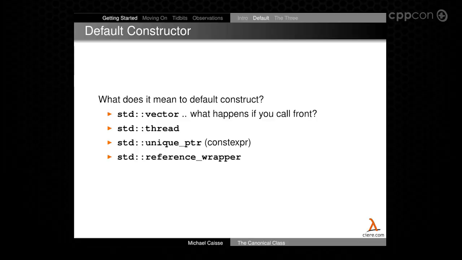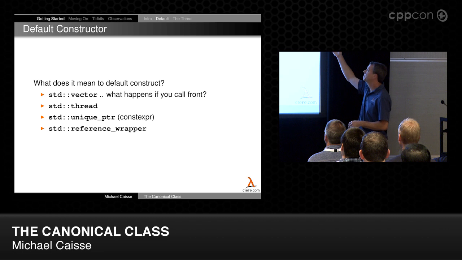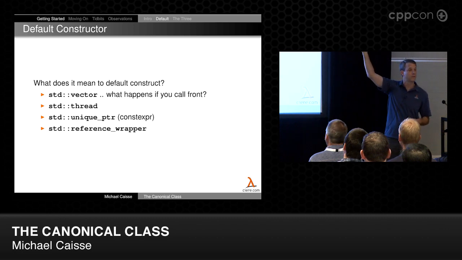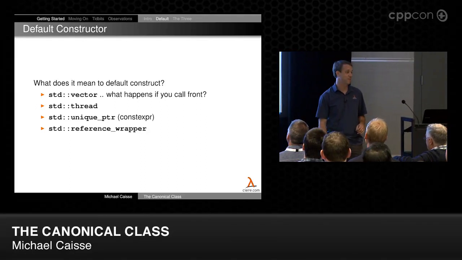What does it mean to default construct a standard vector? Okay, it's empty. Can you call front on that? Yeah, you could call it. That's right. It's not going to stop you from doing it.